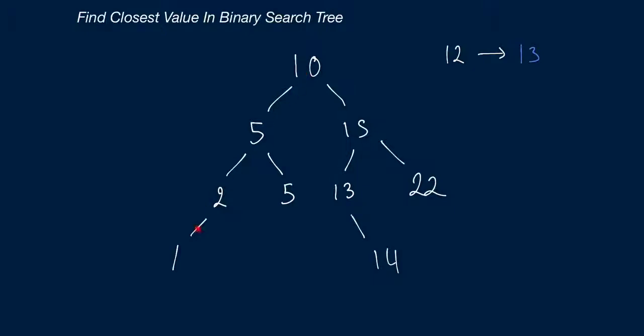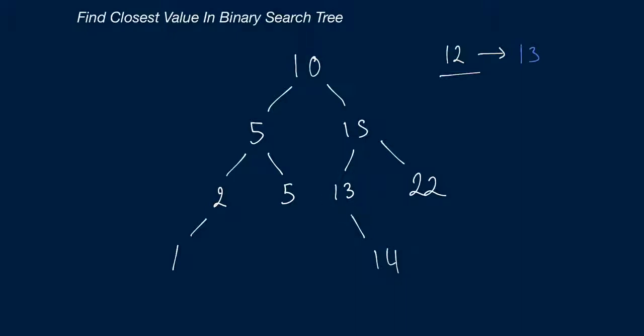We've got a BST here where every node satisfies the BST property. And then we've got the value 12. That's our target value. I'll underline it in white. And the answer, the closest value in this BST to 12 is 13, which is located right here, kind of in the middle of the BST.